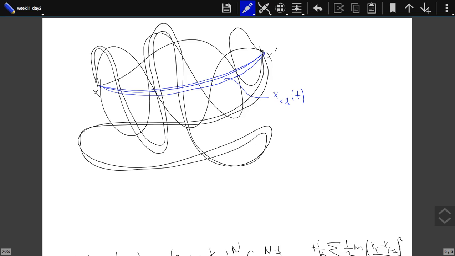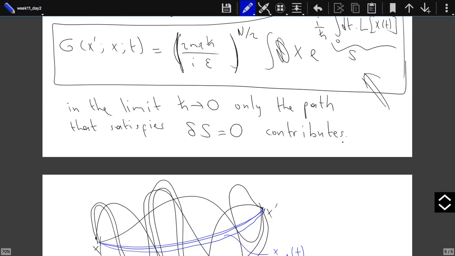So they will not contribute. So basically you have the emergence of the classical physics. So this is the only path that will have a significant contribution to this amplitude.